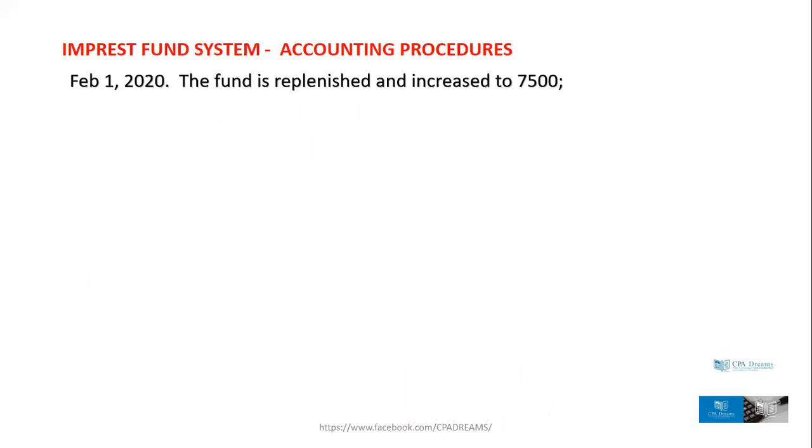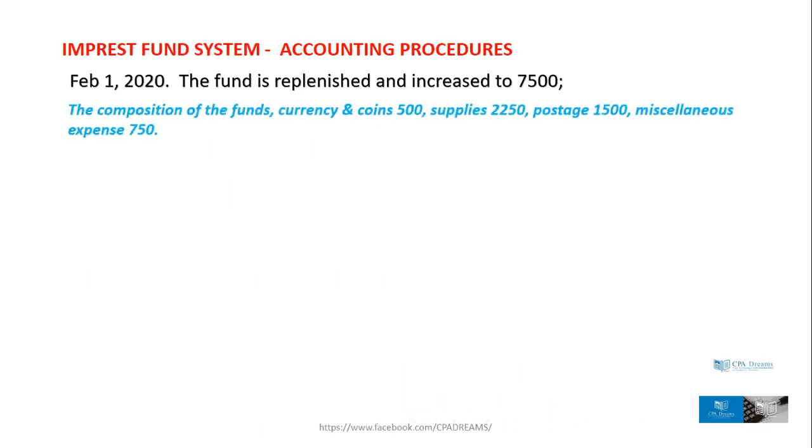Now, let's say on February 1, 2020, the fund is replenished and increased to 7,500. That means from 5,000, i-increase natin siya ng additional 2,500. Ngayon, ang composition of the funds on February 1, 2020: currency and coins, 500; supplies, 2,250; postage, 1,500; miscellaneous expense, 750.